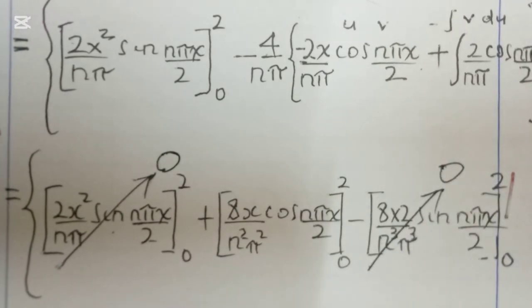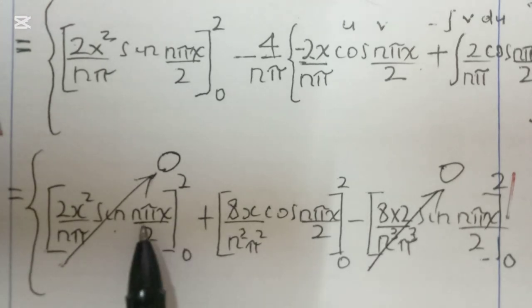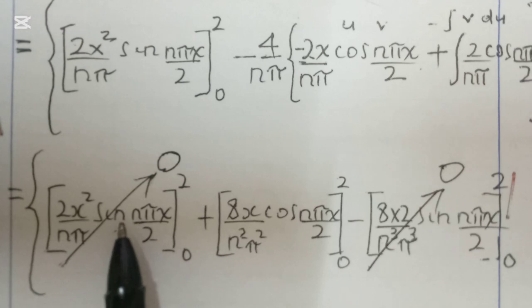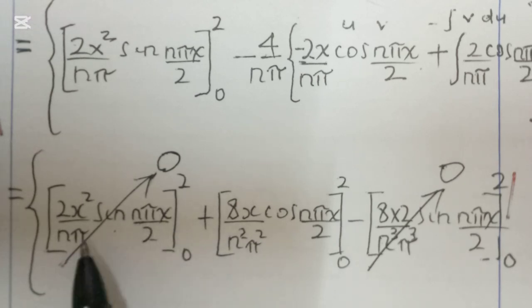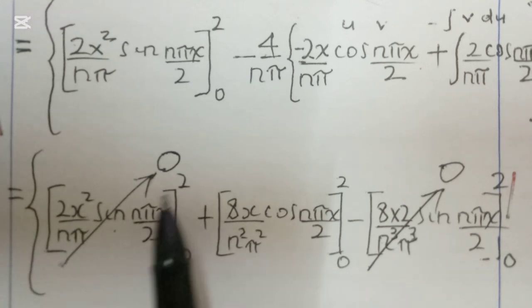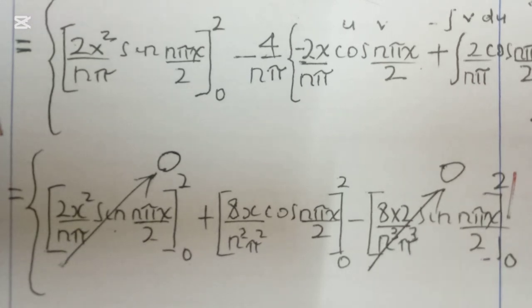You can try and see if you put your 2 here. For example, if I put 2, I'll have sine n pi. If you put 1 here, it will be sine 180, which gives us 0. If you put 2, sine 360 will still be 0. And when you put 0 there, you get 0. The same case with that.